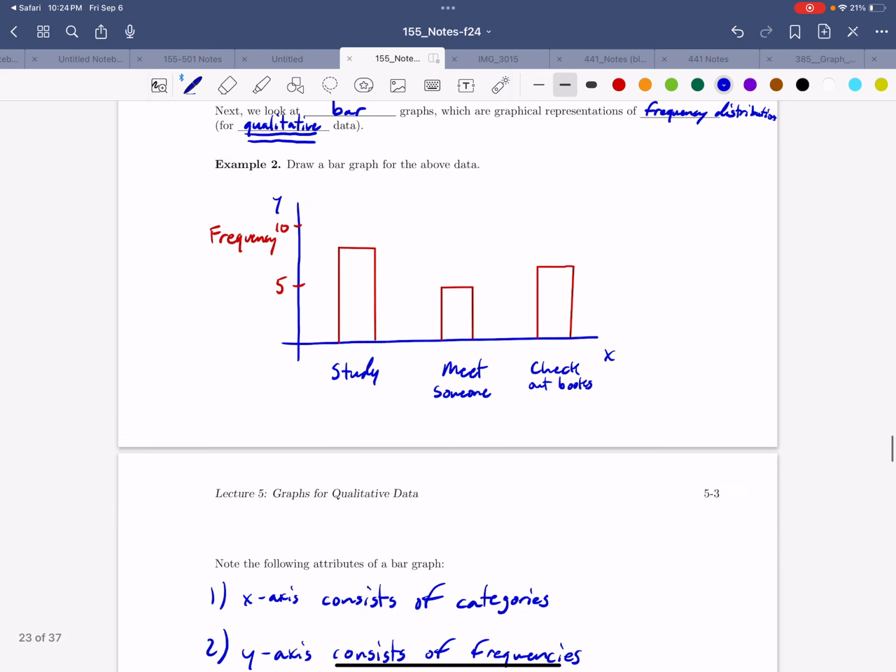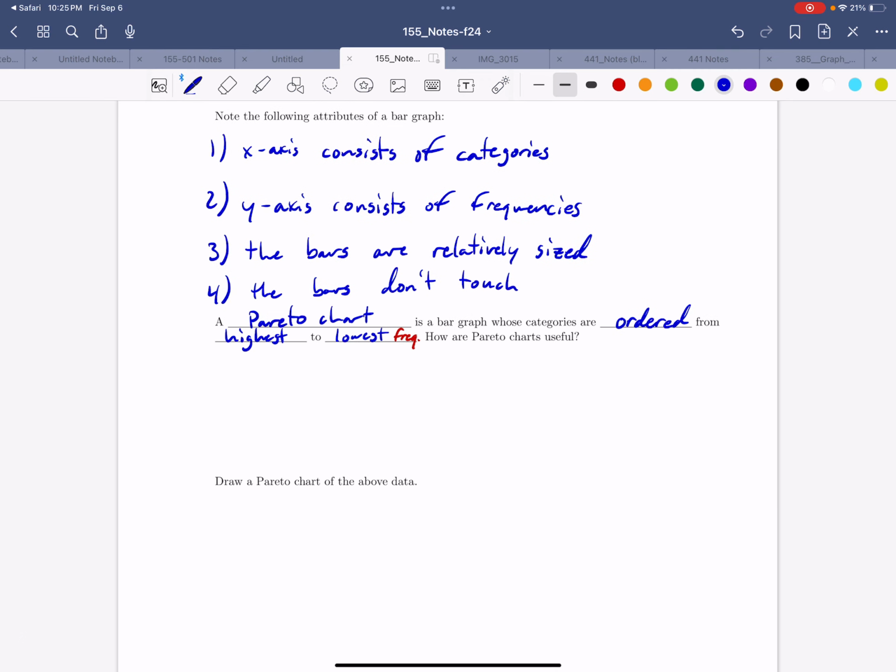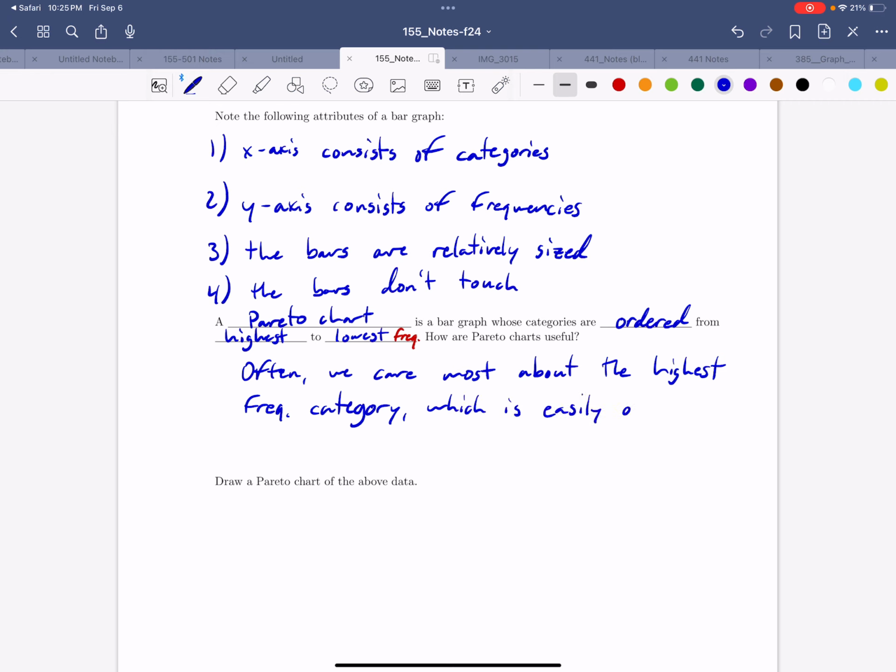Oh, it's to study. Great. You'll see it first. So I guess we'll just say often we care most about the highest frequency category, which is easily observable in a Pareto chart.